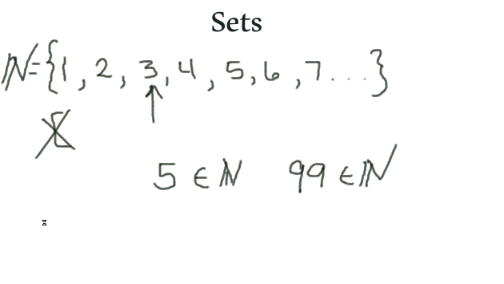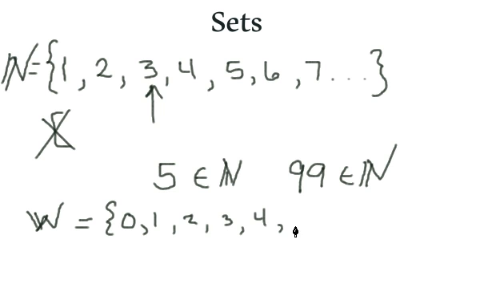Now, there's another set, and we're going to label this with a W. This is the set of whole numbers, starting with 0, 1, 2, 3, 4, and so on. Now the difference between the set of whole numbers and the set of natural numbers is simply that we added 0 to the set.